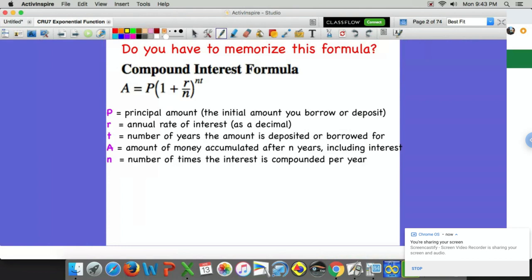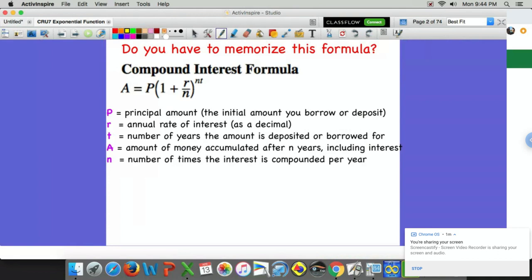But just as a quick refresher, P is the principal amount or the initial amount you're going to borrow or deposit. So this is whatever you're either taking out or you're putting in. Majority of the time it's a deposit that you are putting into the bank account. Then you have your R, which is your annual rate of interest.